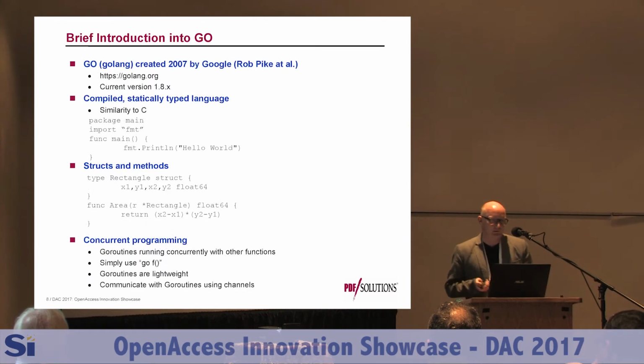Now, a brief introduction to Go. Golang, or Go, was created in 2007 by Google. Rob Pike et al. were mainly the drivers. You find everything about it at golang.org. Its current version is 1.8. It came around when I was initially working on this idea, I guess a couple of years back, but I put it on ice for a while because there were some issues with web browsers at that time.